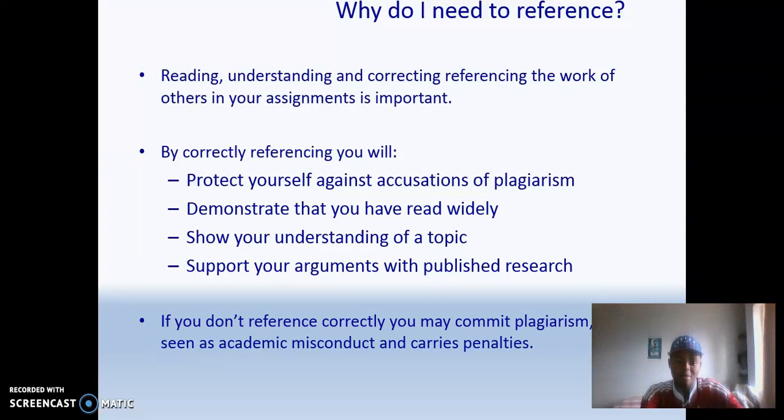If you don't reference correctly, you may be accused of committing plagiarism, which is seen as an academic misconduct and carries penalties. Penalties vary in this institution, from suspension to being expelled. So it's very important that you practice referencing in your daily academic life.